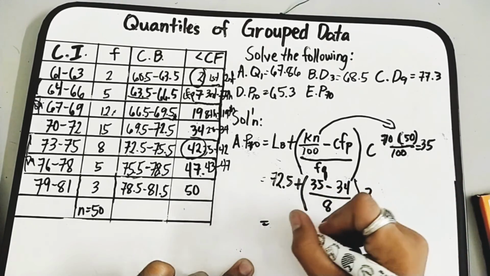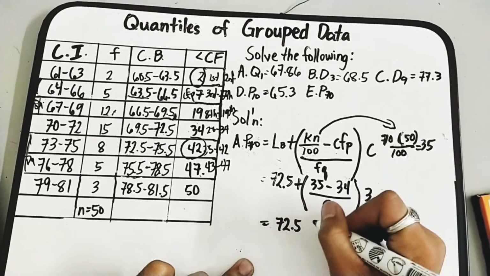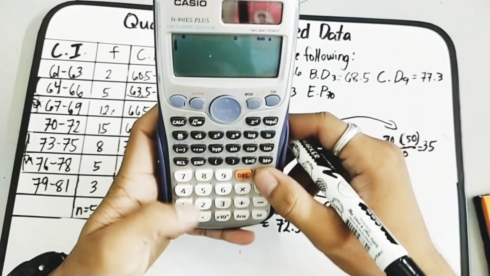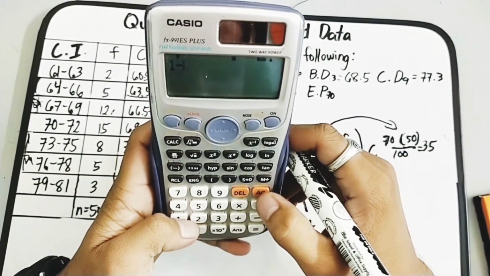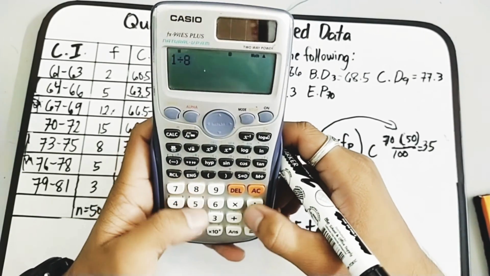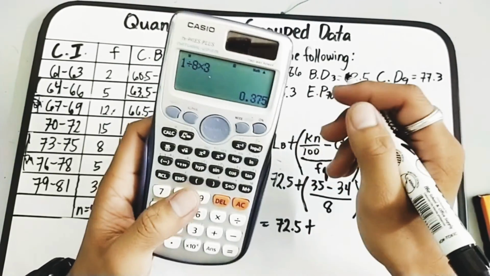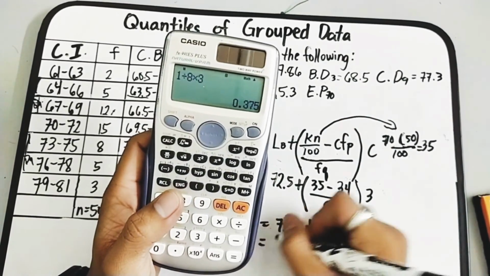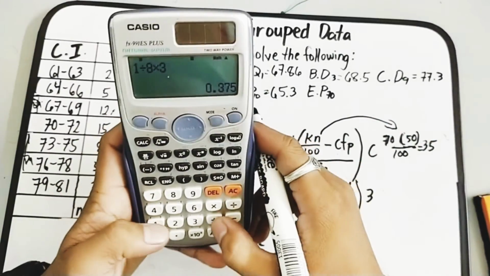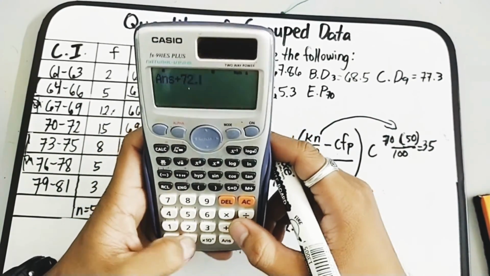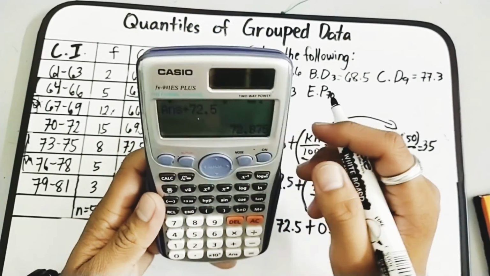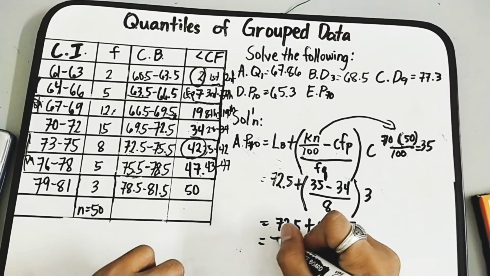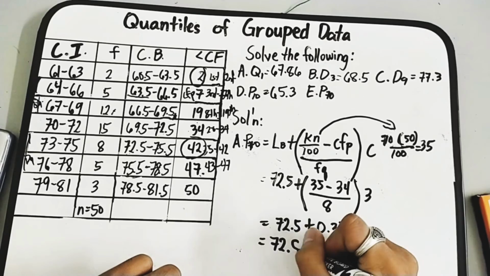So, we have 72.5 plus 35 minus 34 is 1, divided by 8 times 3, therefore 0.375, plus 72.5 is 72.875, so it is equal to 72.88.